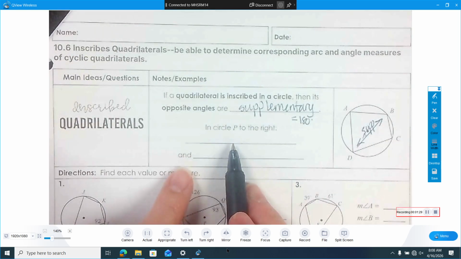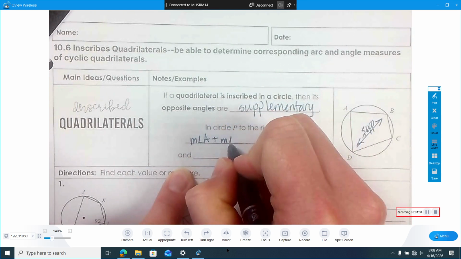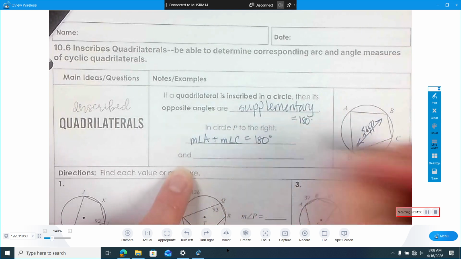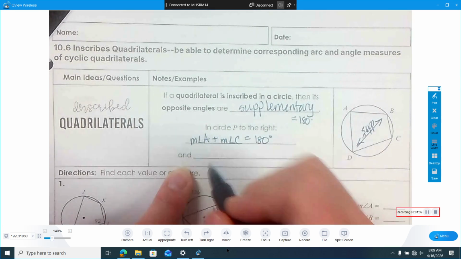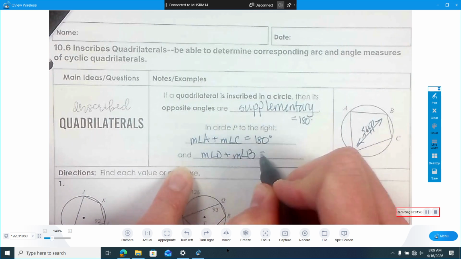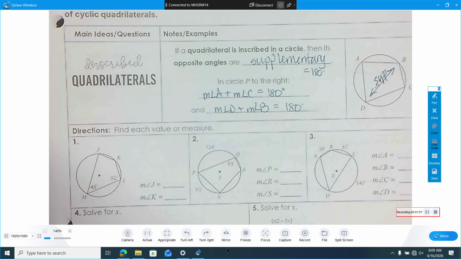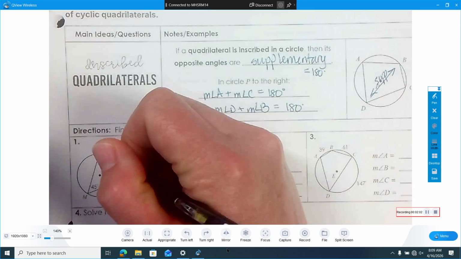So in circle P to the right, the measure of angle A plus the measure of angle C is going to equal 180 degrees. And the measure of angle D plus the measure of angle B is going to be 180 degrees. So that's pretty easy. That's what we're doing today. Let's look at a couple here. On number 1, we want to find the measure of angle J. How am I going to figure out J?